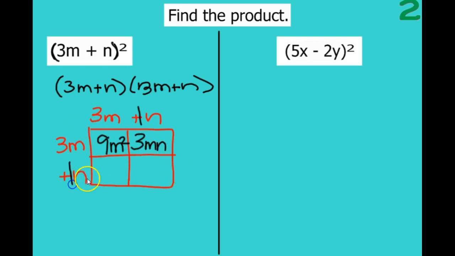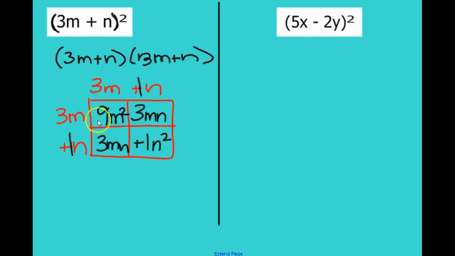And then over here, same thing. 3 times 1 is 3. M first, and then n. And then 1 times 1 is still just 1. n times n, there's two n's, or n to the power of 2. So if we go from our highest degree to the lowest, 9m squared, we have a 3mn and another 3mn, so we can combine those together.